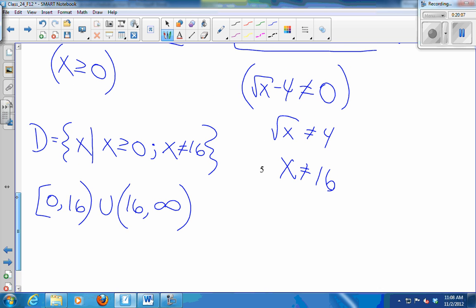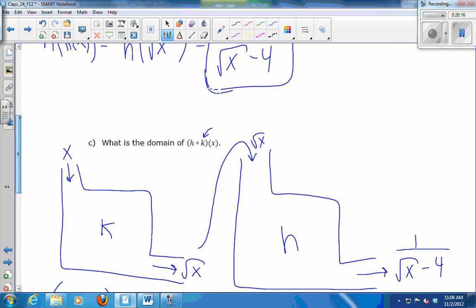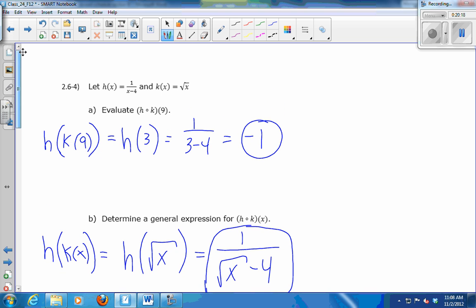So finding that 16 is not obvious unless you draw the pictures and think about the function machines. Because if I go to the original functions, 1 over x minus 4 and square root x, the domain of this guy is non-negative x's, and the domain of this guy is x unequal to 4. There's no 16 in there, right?